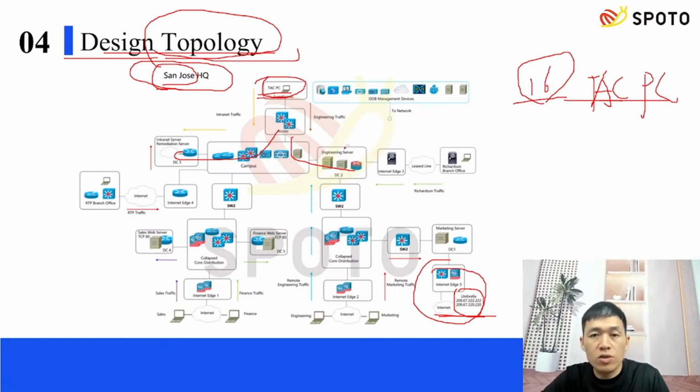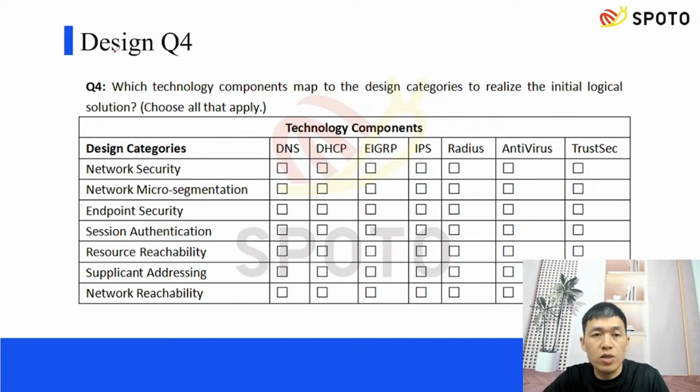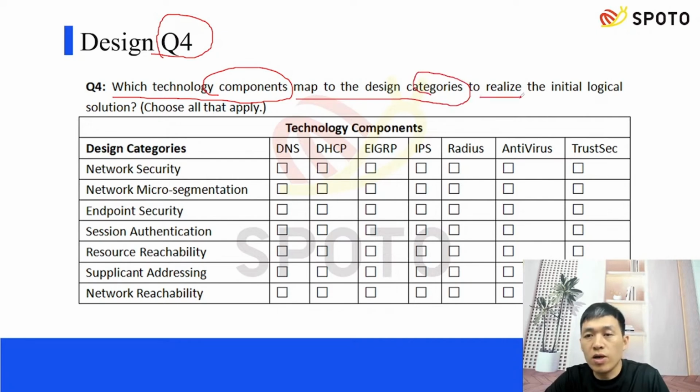And after this, we will take a look at design question 4, and we will try to answer it here. Let's look at the question: which technology components map to the design categories to realize the initial logical solution?